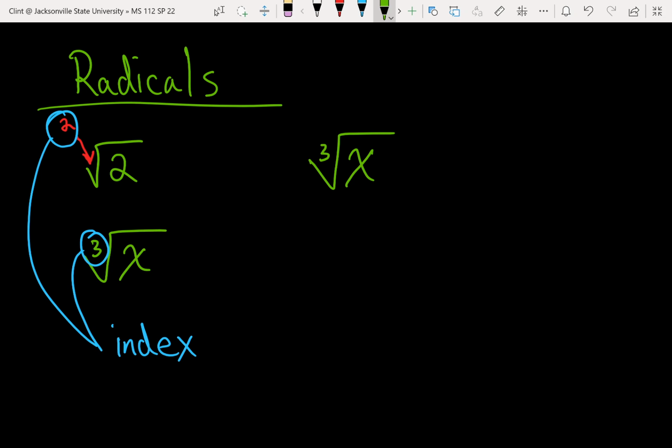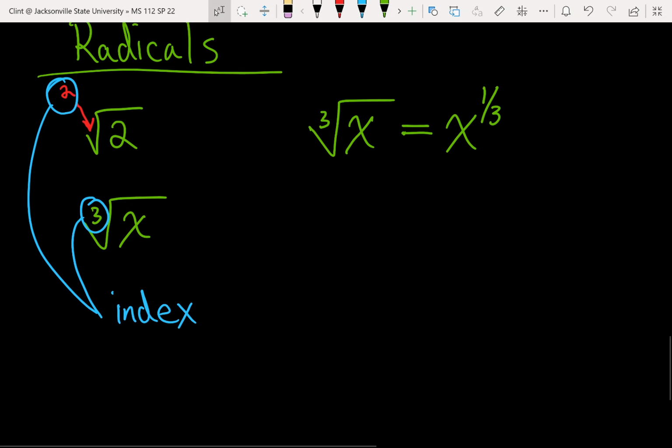We can use an exponent. And if we take a radical, change it to an exponent, it ends up as a fraction. We have a fractional exponent. So cube root of x turns out to be the same thing as x to the 1/3 power. So those two expressions mean the same thing. The radicals are just ways we represent fractional exponents.